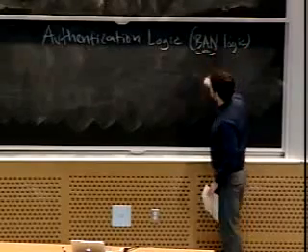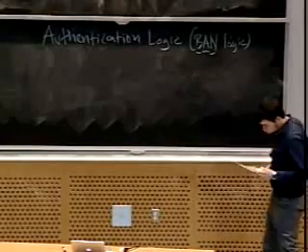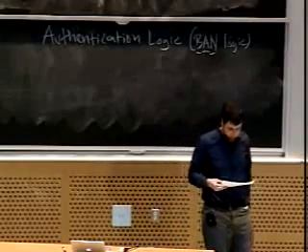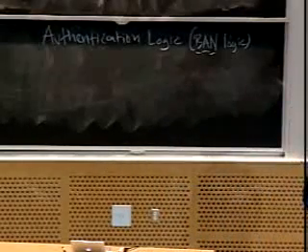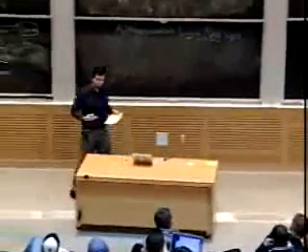B, A, and N just stand for the names of the three people who proposed this, so it's not a specific acronym you need to know. Authentication logic allows us to reason about these protocols for deciding whether or not we should trust something like a given certificate authority.